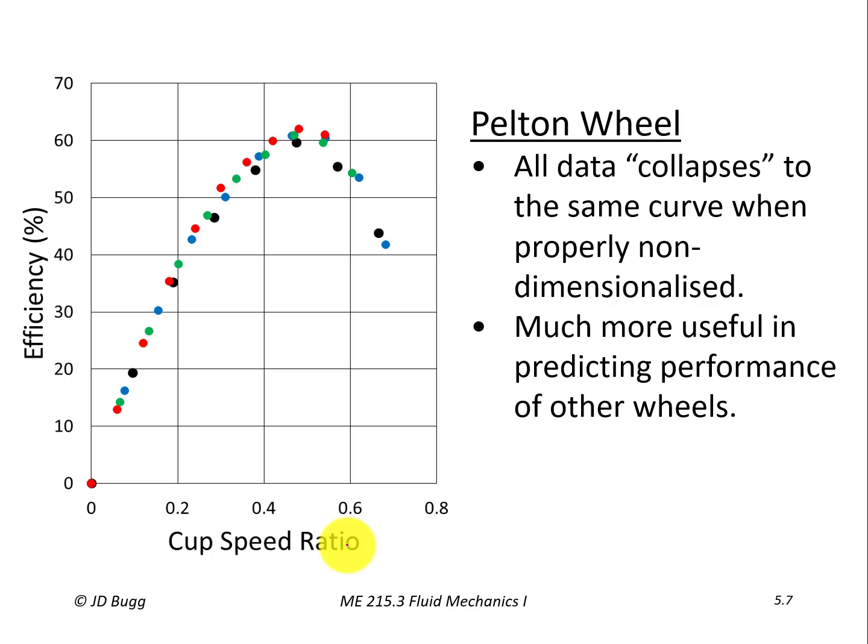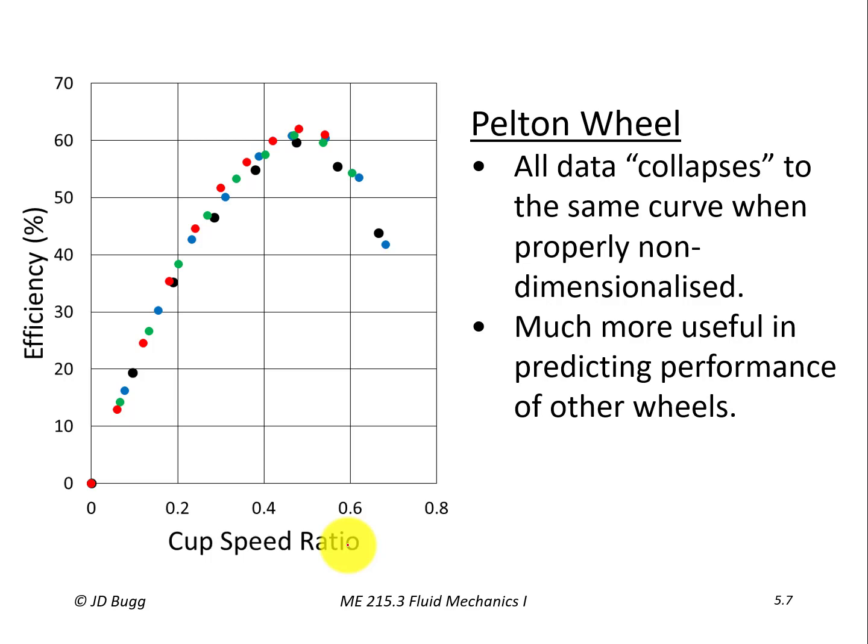Likewise, the efficiency of the Pelton wheel. So this is the ratio of the power it actually develops, so the shaft power, torque times omega that is being delivered by the shaft, divided by the kinetic energy in the jet of water hitting it. So that's a ratio of 2 powers. So that also is a dimensionless group.